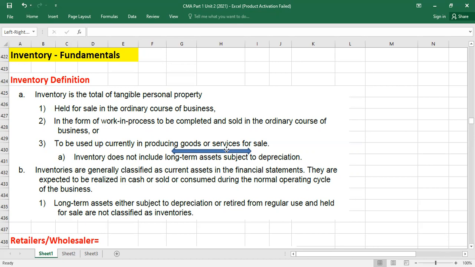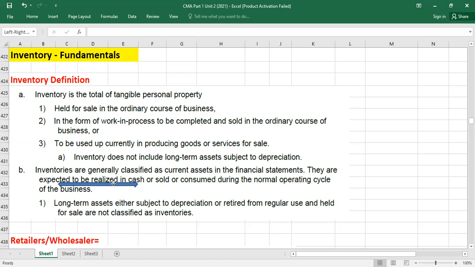And don't forget, inventory we will always record as a current asset in the statement of financial position, I mean in the balance sheet. Why is it a current asset? Because this inventory is expected to be realized in cash, or it could be sold, or it could be consumed during the normal operating cycle of the business. So that is why it is our current asset.